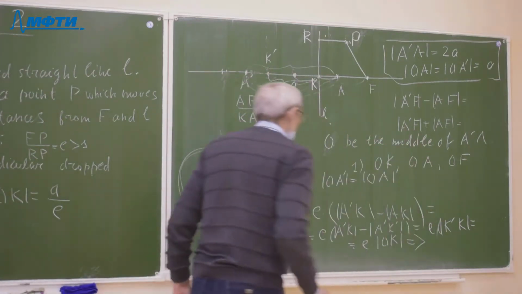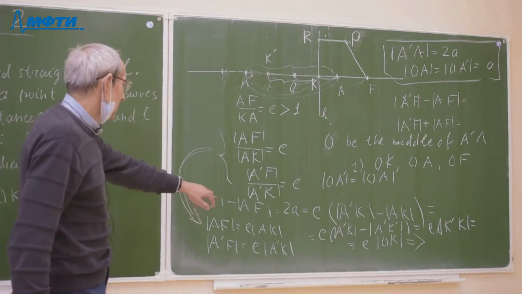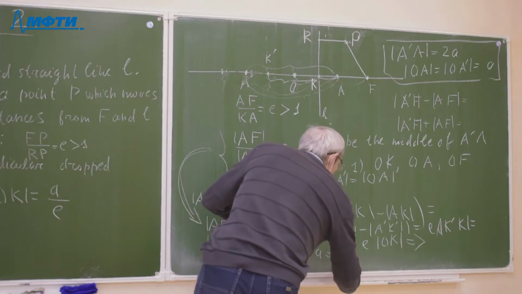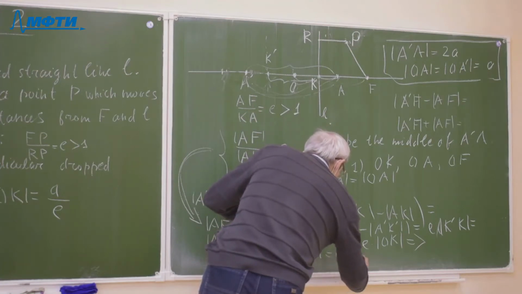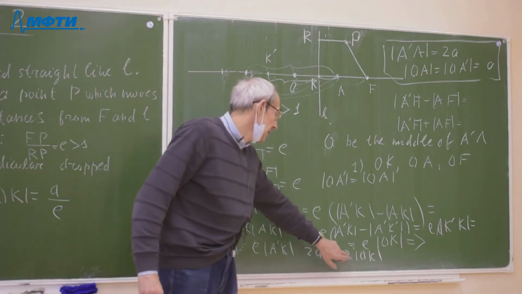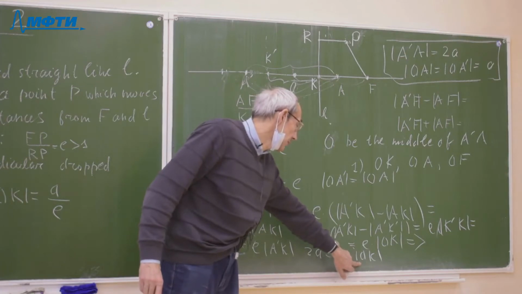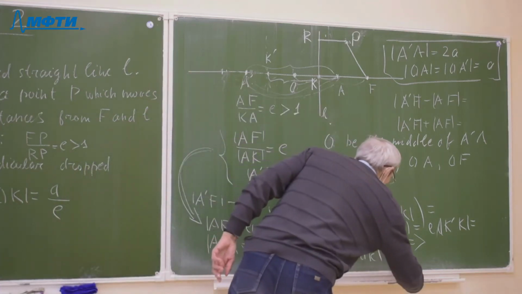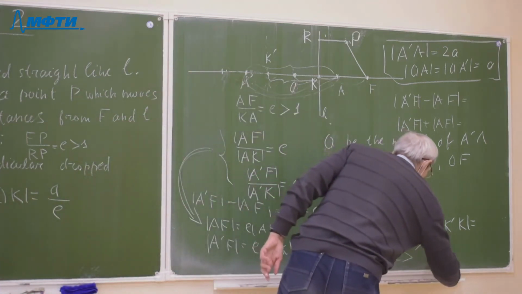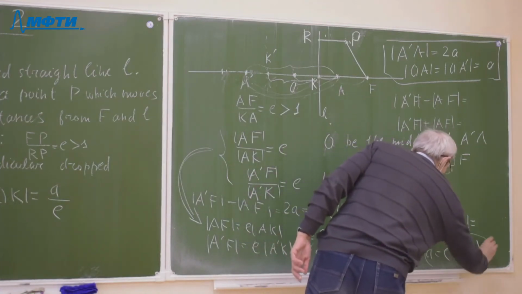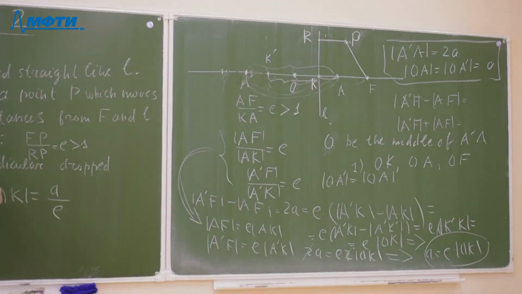From this relation, it follows that 2a is equal to the product E and twice OK, and we obtain that a is equal to the product E and OK, and we obtain the first relation.